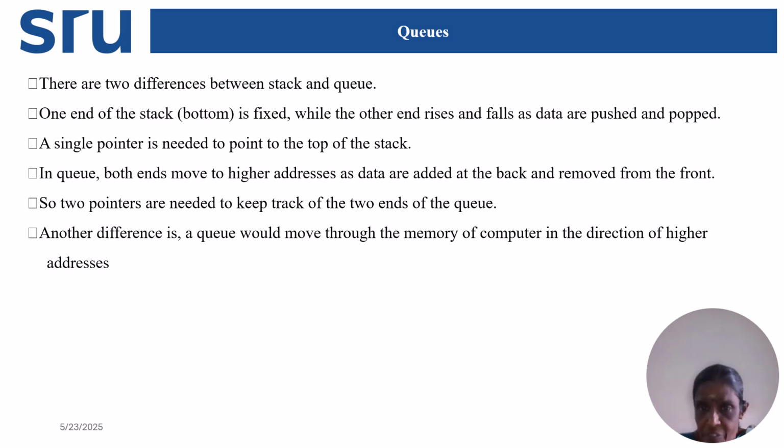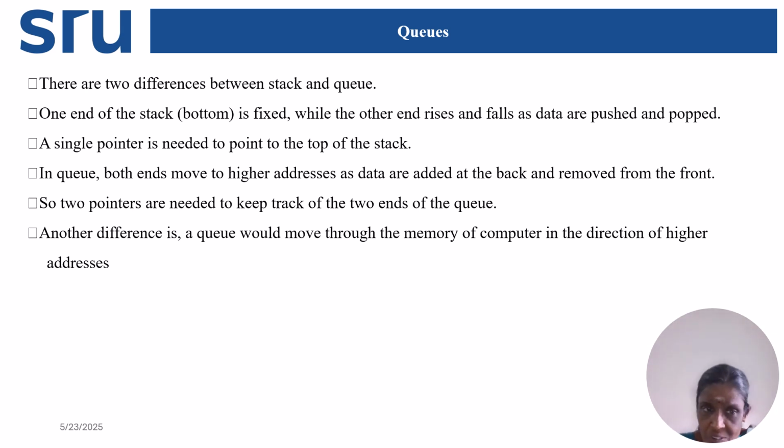So in the front, the data can be removed, but at the back, the data can be added. This is the procedure. Alternate is not possible. So two pointers are needed to keep track of the location of the queue.